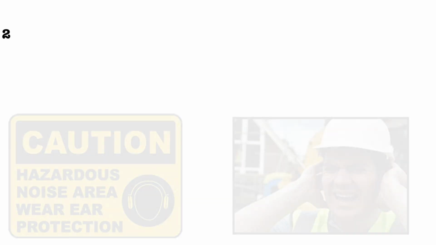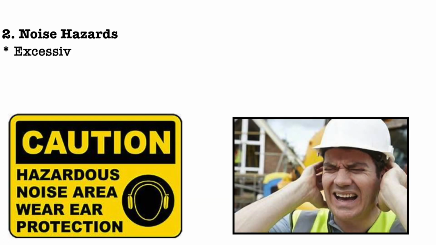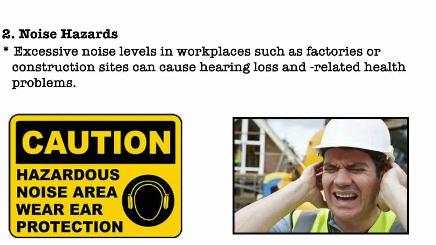Second one is noise hazard. Excessive noise levels in a workplace, such as factories or construction sites, can cause hearing loss, also known as noise induced hearing loss, and related health problems.